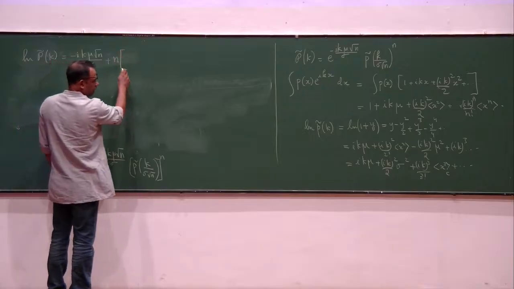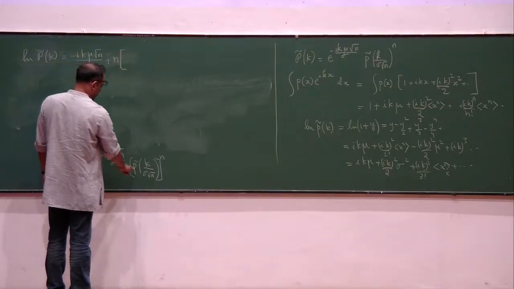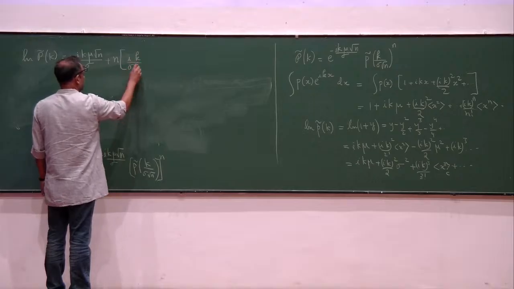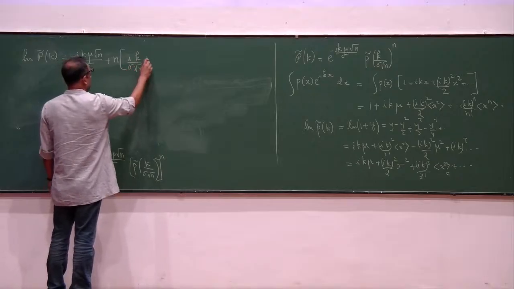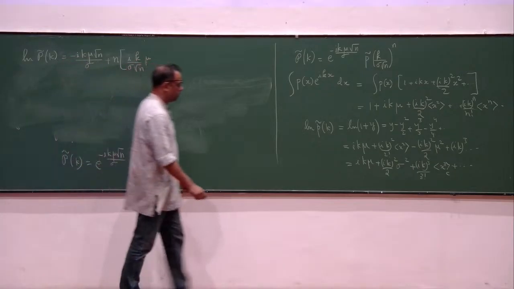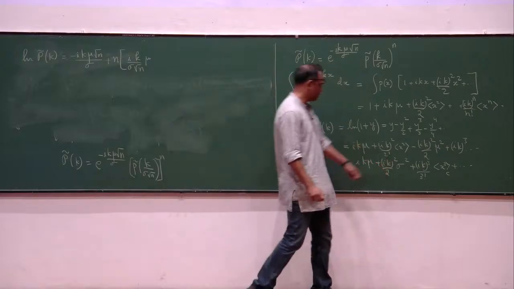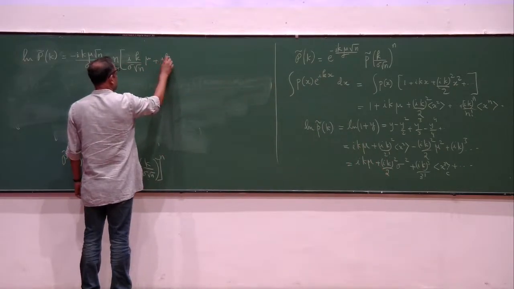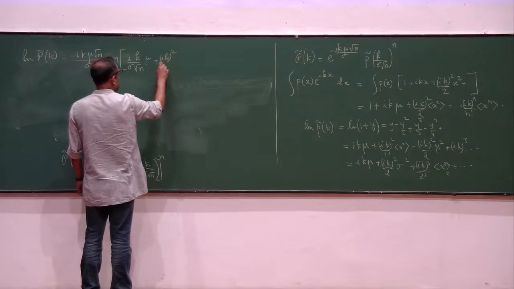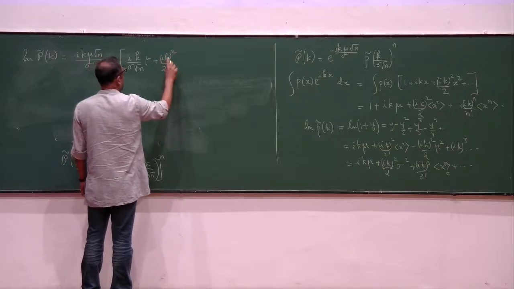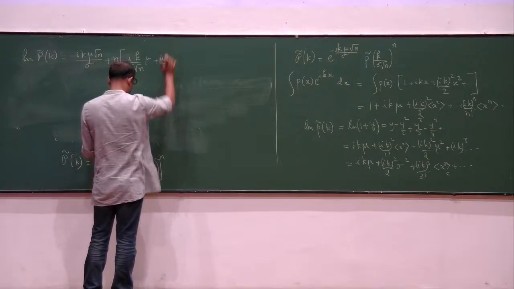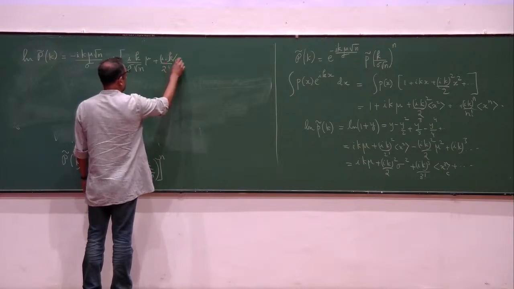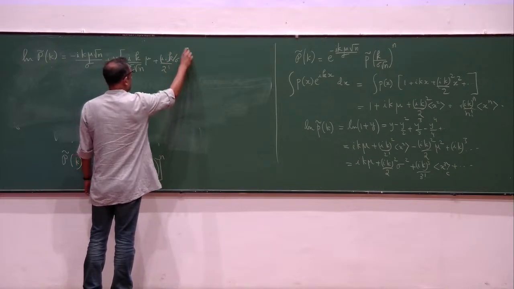The first term is ik mu, where k is replaced by k by sigma root n. The second term is (ik)^2 by 2 factorial times sigma square, with k replaced by k by sigma root n, the whole square.